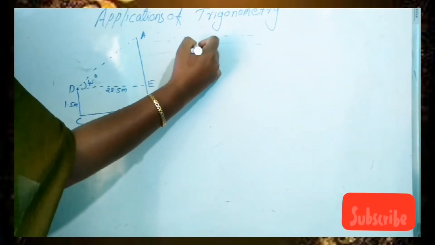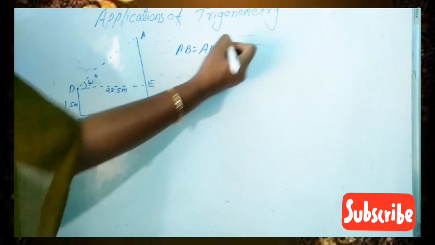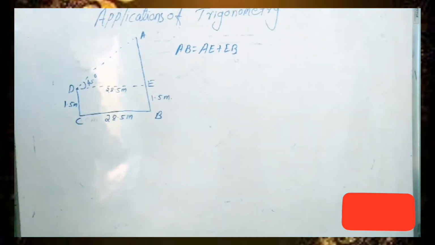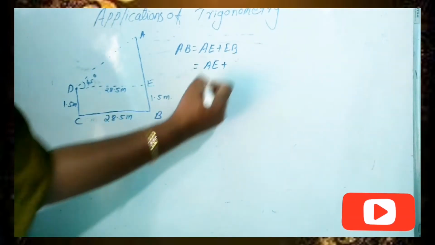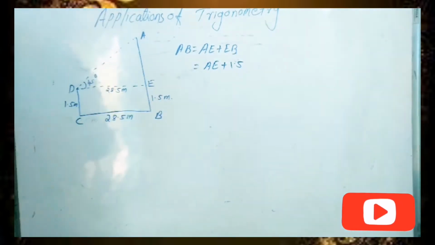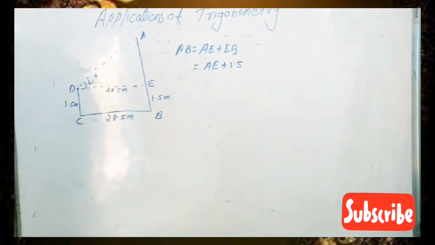Now we need to find AB, and AB is equal to AE plus EB. EB length is 1.5, so AB is AE plus 1.5.